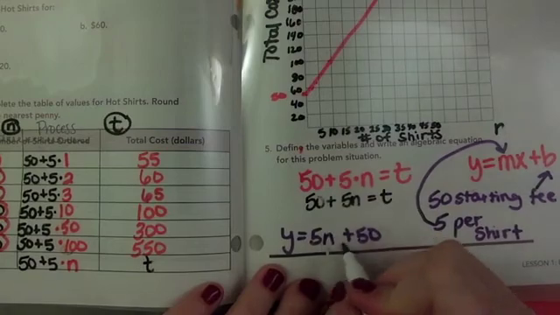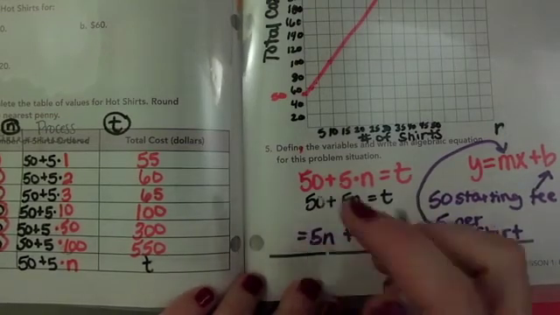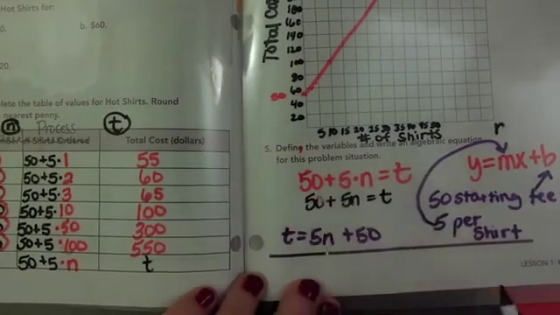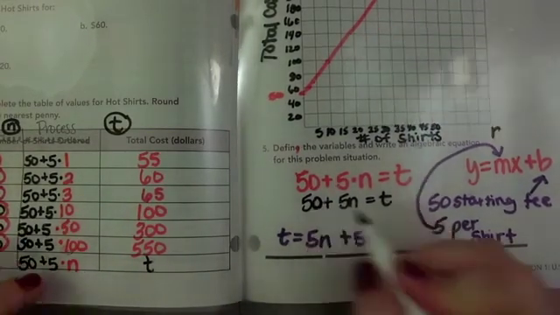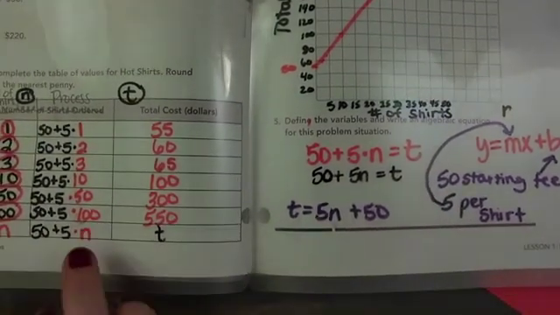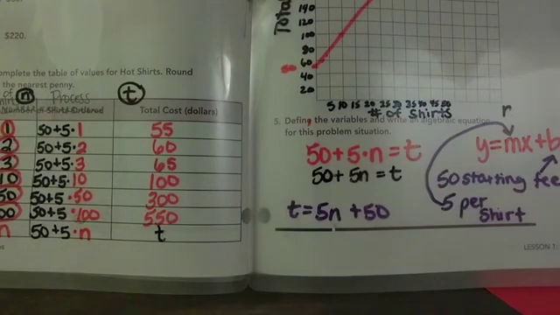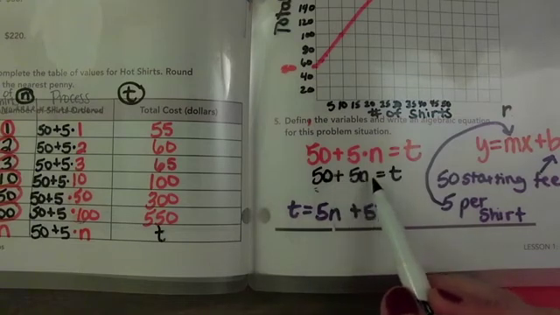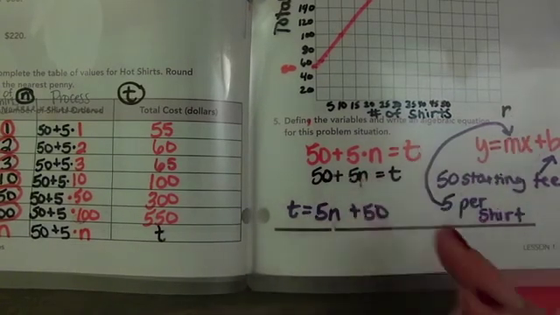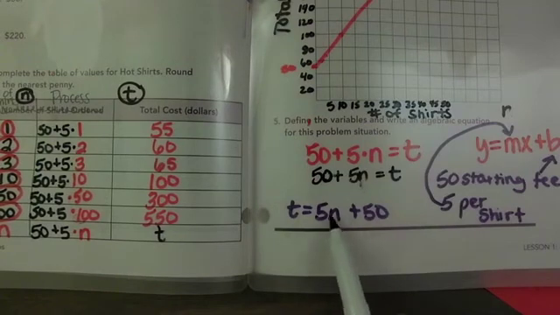So in, it was 5 per shirt and gave us a total cost. So notice the only difference between these two, because again, sometimes they like to confuse students, sometimes they'll have it written like this, where it's the starting fee plus the $5 per shirt. Or it'll have it be written like this.